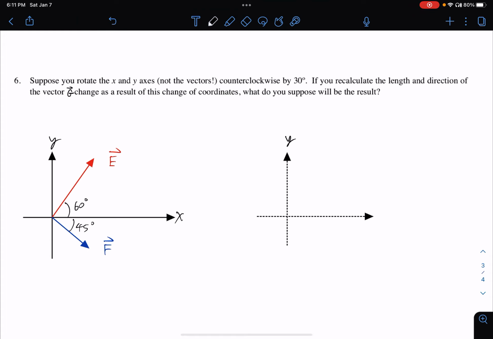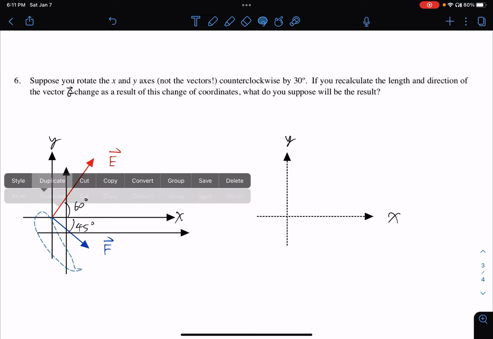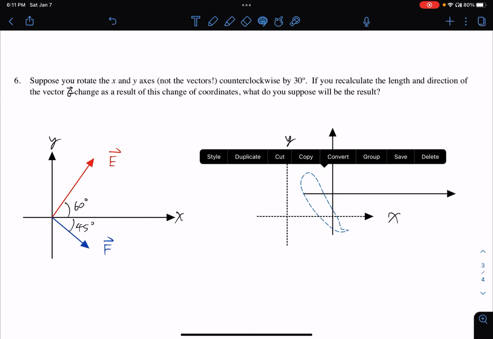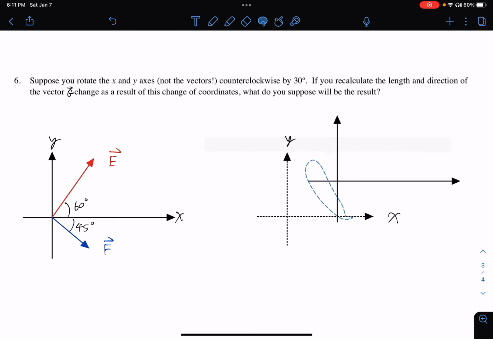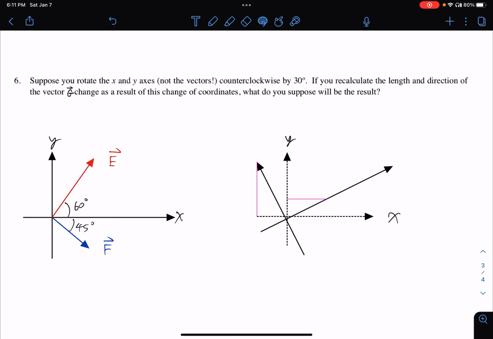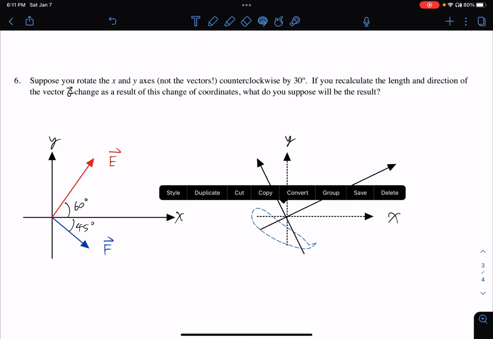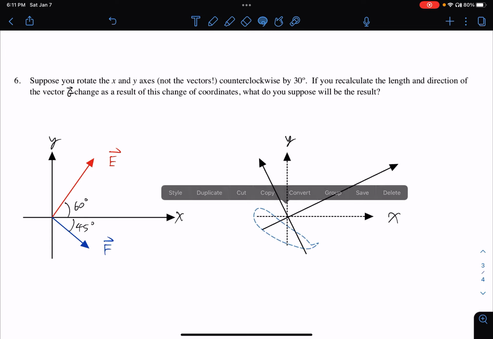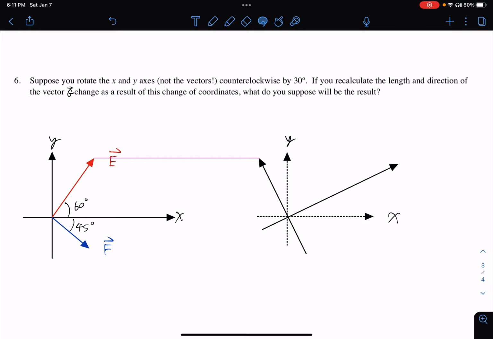The vertical one is y, horizontal one is x, and we are going to rotate these axes counterclockwise by 30 degrees like this. So our new coordinates will be y prime over here and x prime over here. And the angle it makes with the original x-axis is 30 degrees.